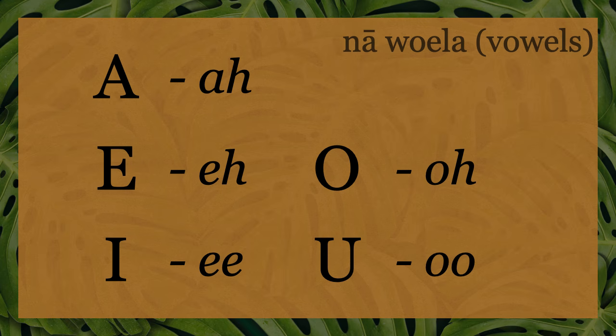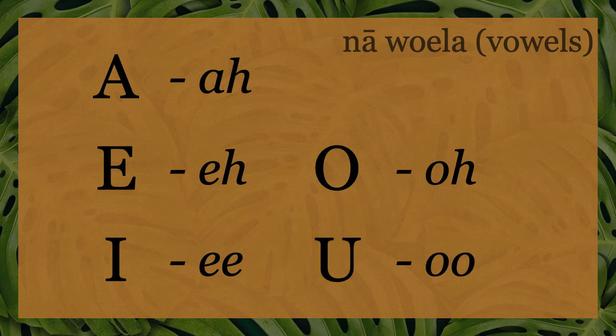Compare how we say in English, o, versus the very open Hawaiian, o. If you're familiar with Spanish or Italian, it's a very similar vowel sound. Let's try the vowels once more. A, e, i, o, u.